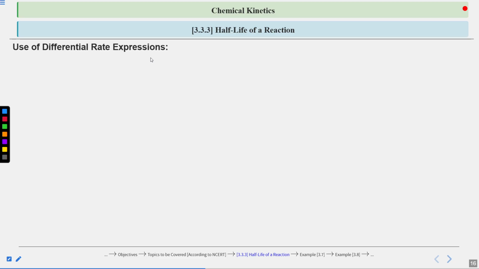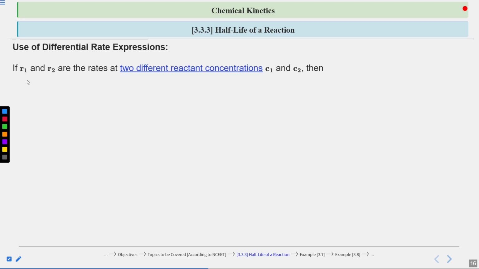Use of differential rate expression. Now, if R1 and R2 are the rates at two different reactant concentrations, where R represents the rate, let's say we are considering the two concentrations C1 and C2 at which the two rates are R1 and R2.